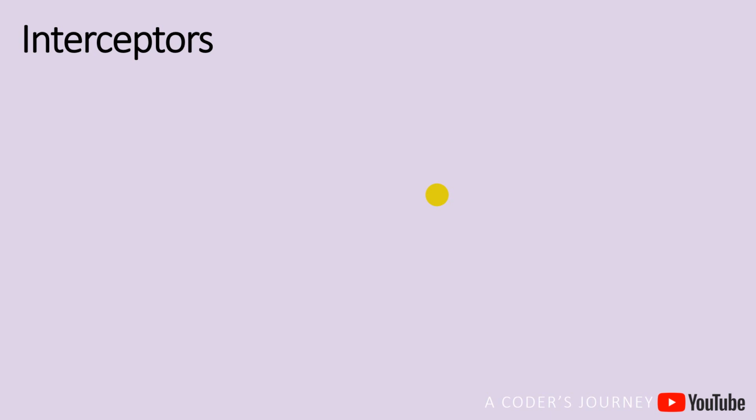Now, intercept, in English, means to stop something in the middle of happening and then do something, or for example change it in a way. So interceptors basically allow us to stop our HTTP requests or our HTTP responses, not basically stop, but to get in the middle when they are happening in order to do something else, in order to manipulate them, change them in a way.